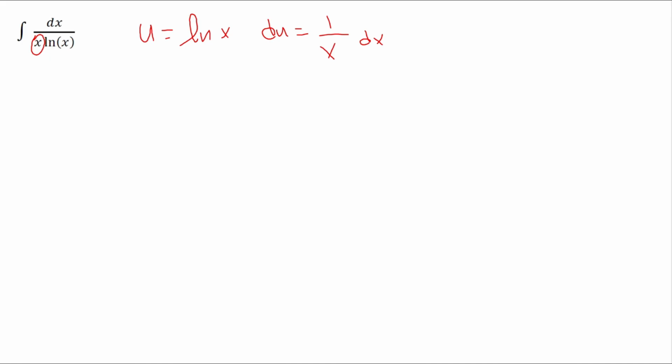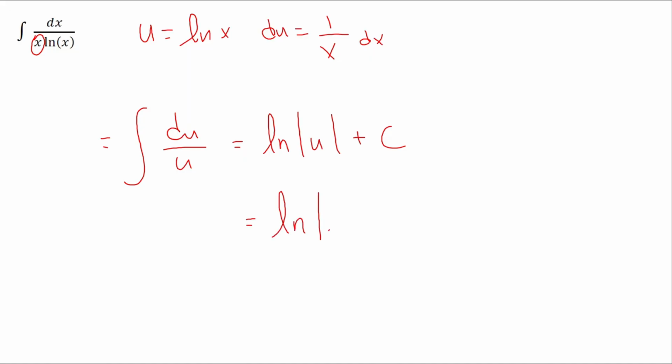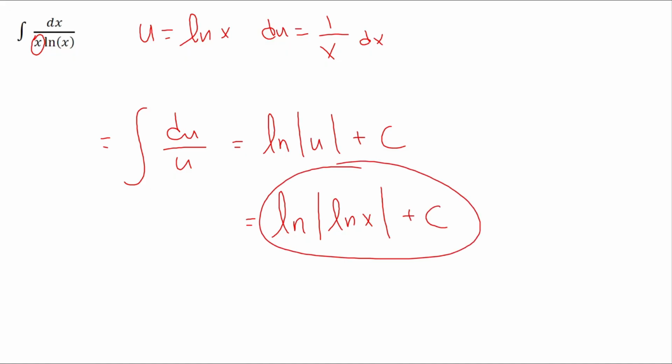So this can just become the integral of du, that's the dx over x part, and then over natural log of x, or just over u. And we know what the integral of du over u is. It's the natural log of the absolute value of u plus a constant. So this just becomes the natural log of the absolute value of the natural log of x plus a constant.